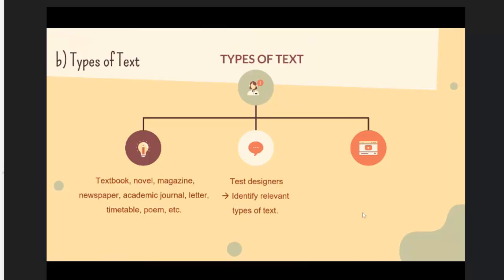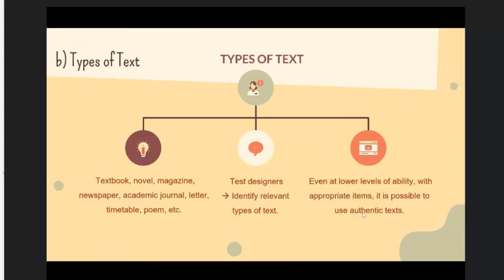But the test designers need to identify relevant types of text for the test taking. What is the term normally used here, do you remember? Genre. The genre determines the type of text. Yes, genre.